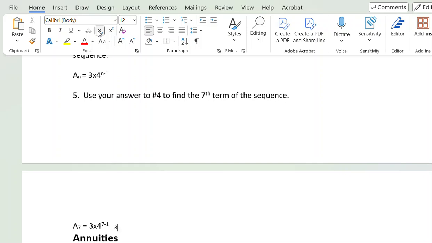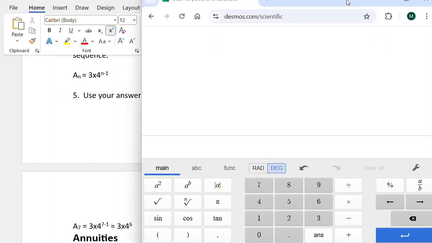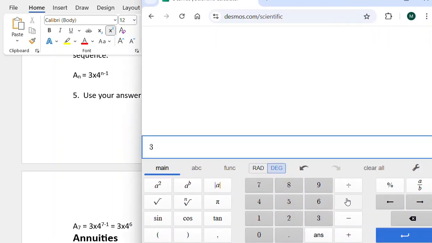So 3 times 4 to the 6th. I'm going to bring over my calculator here. So we're doing 3 times 4 to the 6th power. I get 12,288.